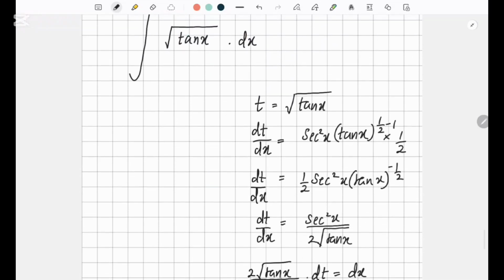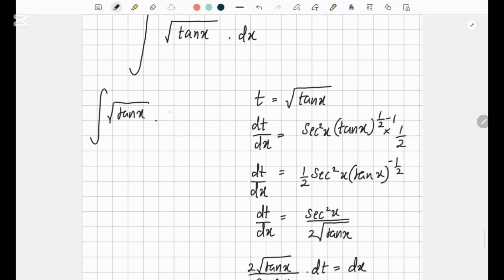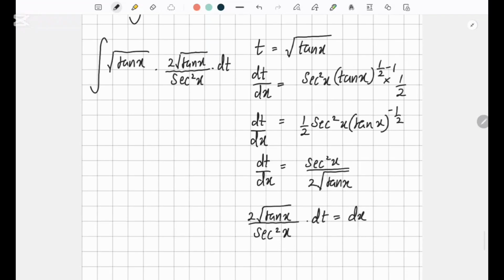If you go back to your question, you have the integration of root tan x, and instead of dx, I'm going to write 2 root tan x over sec squared x dt.